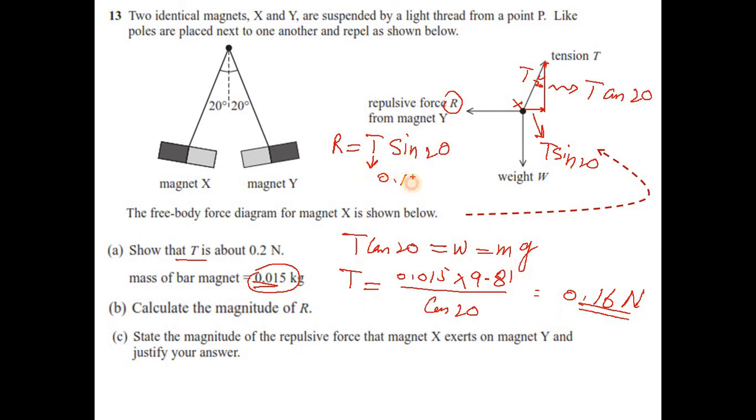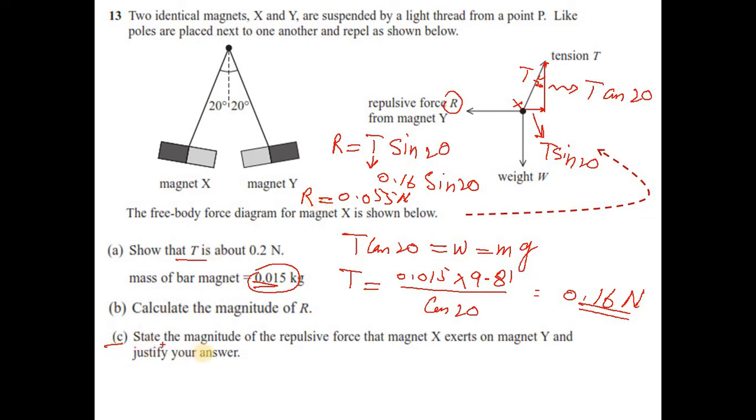You put the value of T and sine 20, and then you say that R is equal to 0.055 Newton. This is the value of R.